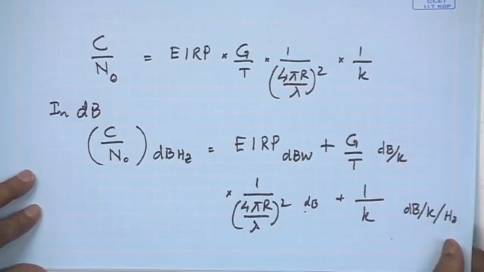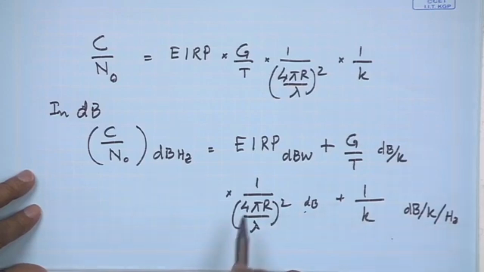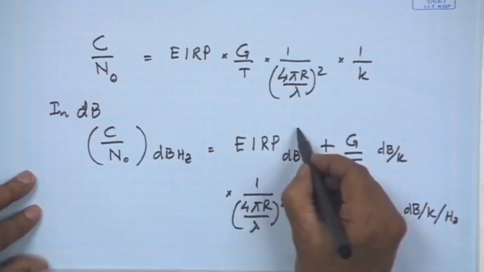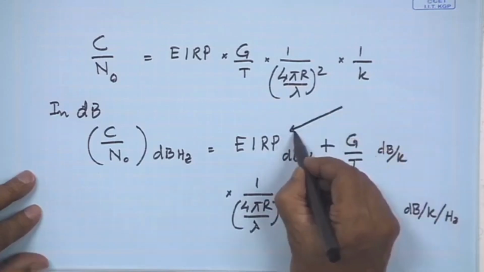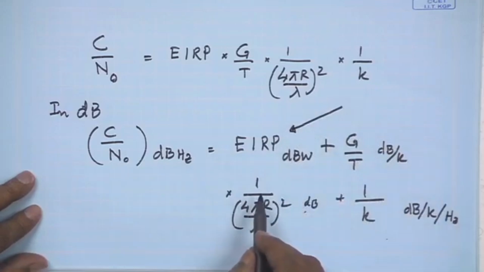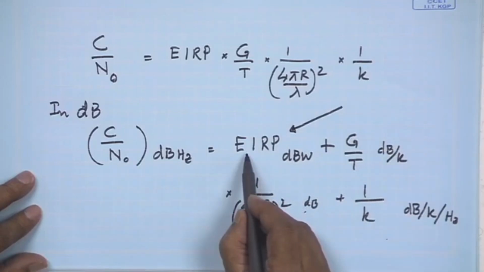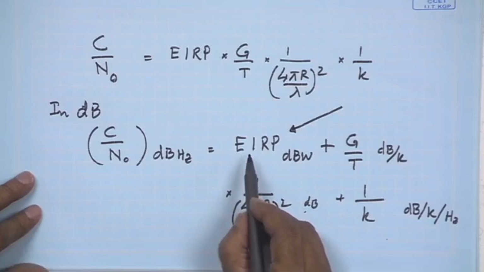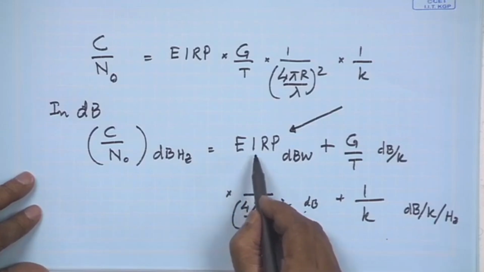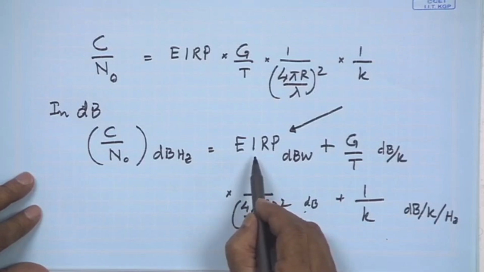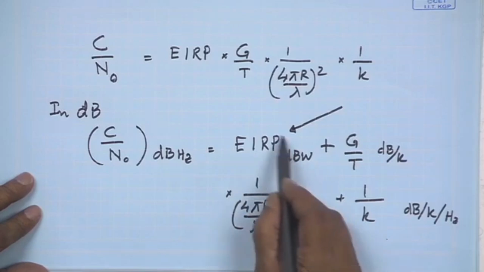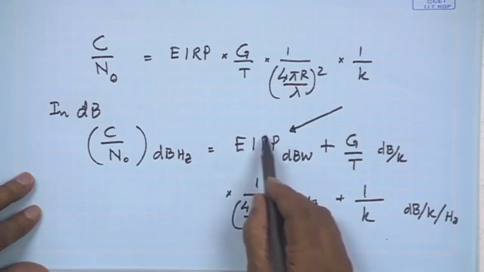Now, in this a couple of important characteristics are coming out. One characteristic is EIRP. EIRP, if you remember, is the multiplication of transmitted power and the transmit antenna gain, and of course the related losses like mispointing and the feeder loss from the power amplifier to the antenna, etc. All these things are there in the EIRP.